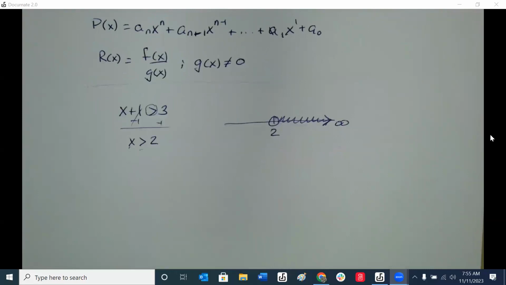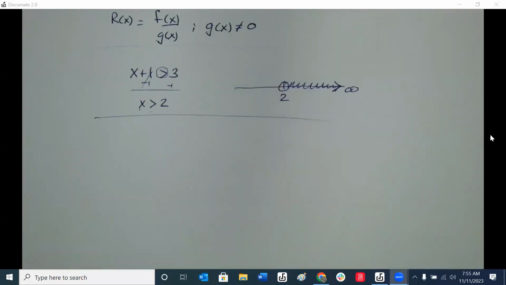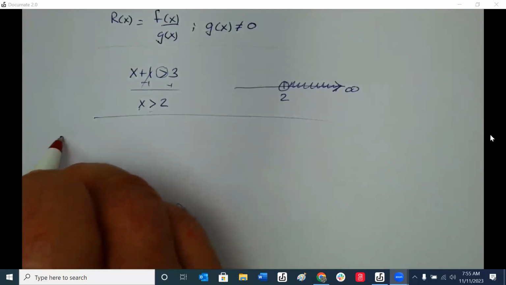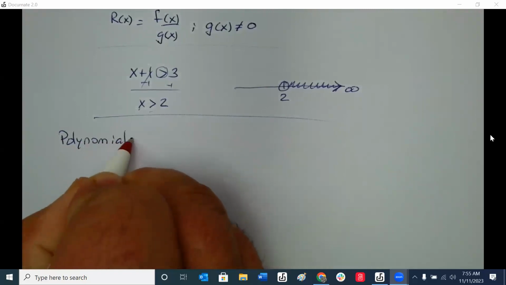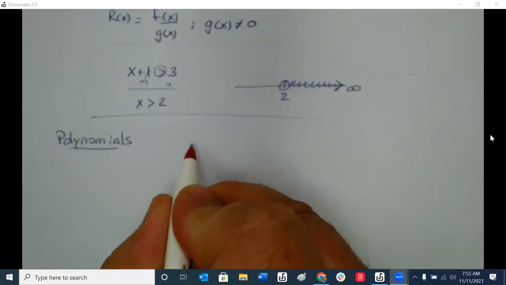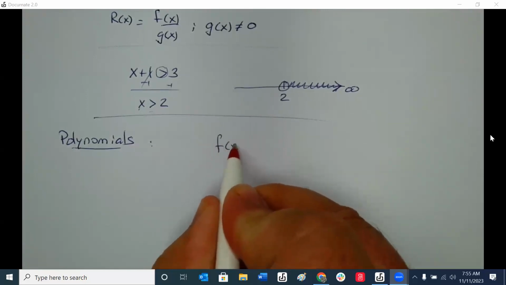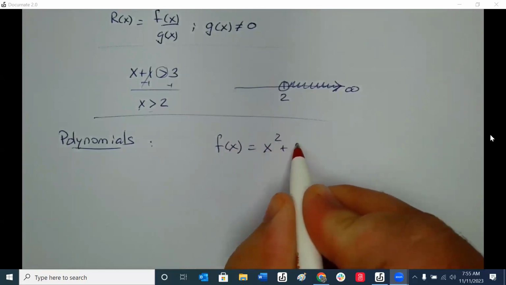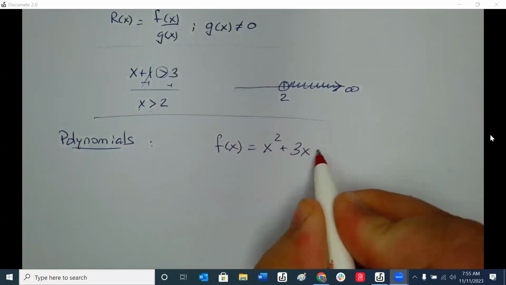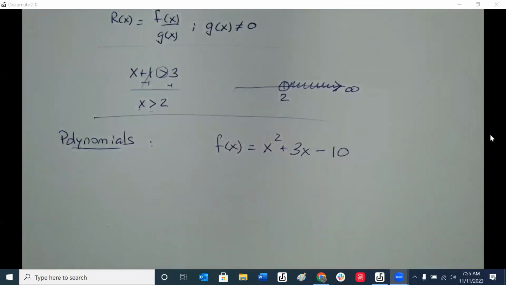Now we're going to go further because when we had quadratic equations or cubic equations or any nth order polynomial equations, let's look at polynomials first. Let's say we had our function f of x is x squared plus 3x minus 10.